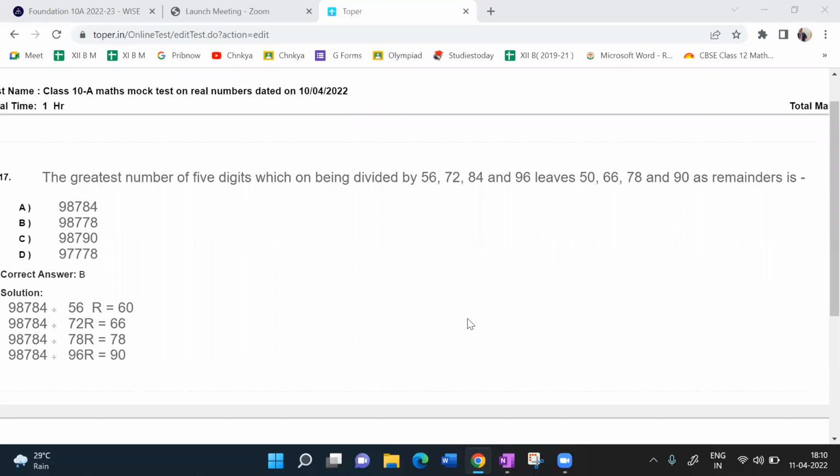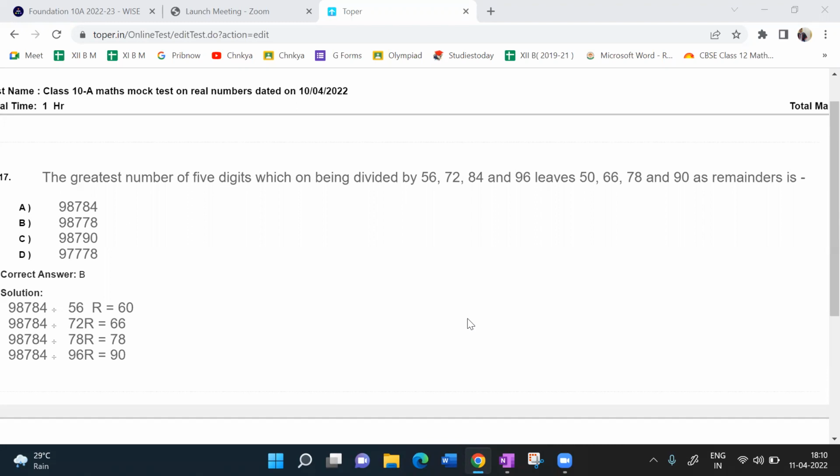All right. How many of you did it in that way? I have done, sir. For all we have got 6, sir. Like for 56 minus 50, we have got 6 as remainder, and 72 minus 66 we got 6, and 84 minus 78 also 6. It's a pretty simple question.